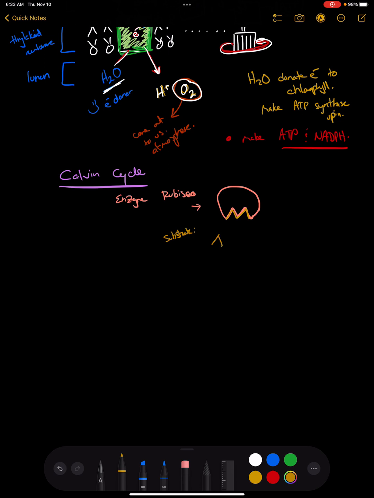It's my CO2. So here's my CO2 substrate. This CO2 is going to enter from the atmosphere, right? So from the atmosphere, and then here comes CO2, and he's one of my substrates. And then also sitting over here is another substrate.